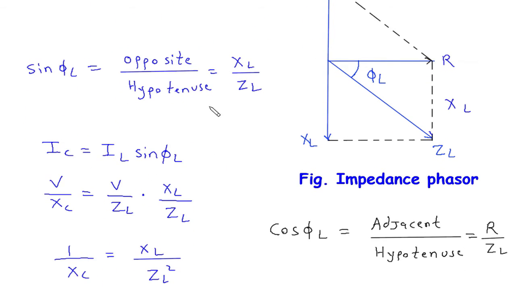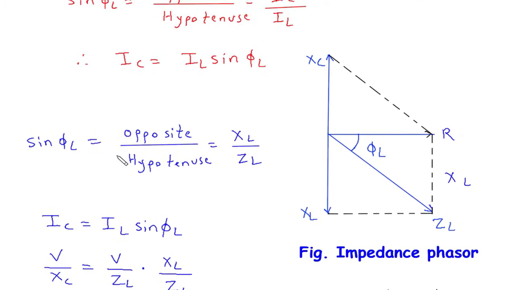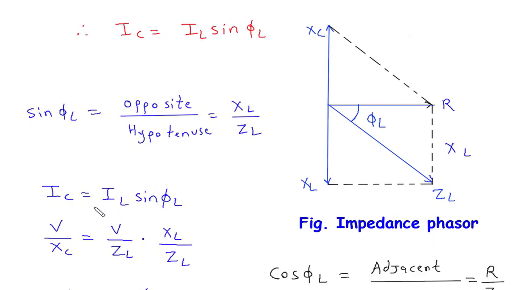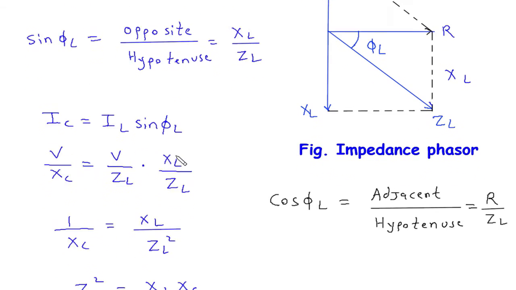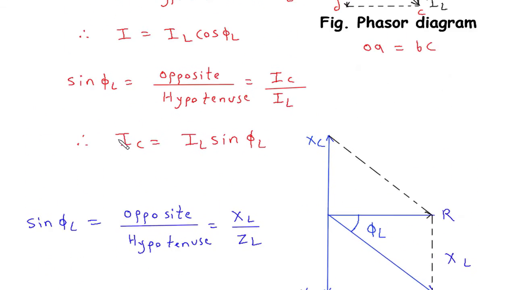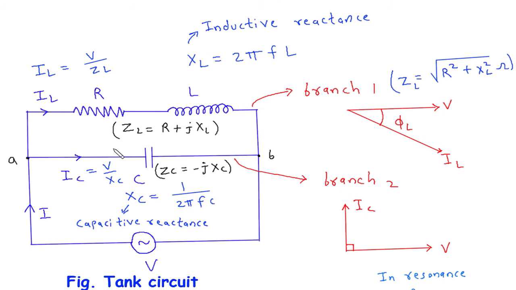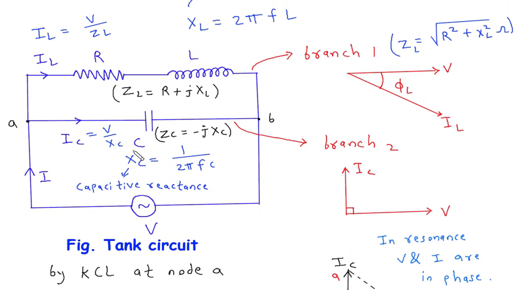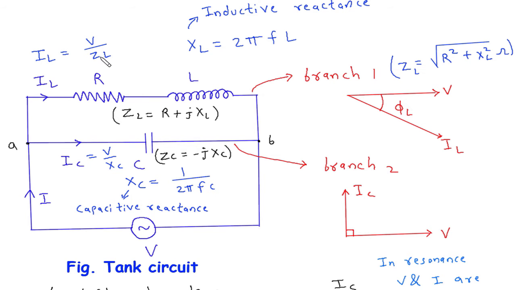Then IC is equal to IL sin phi L. So we can replace IC by V by XC, and IL by V by ZL.